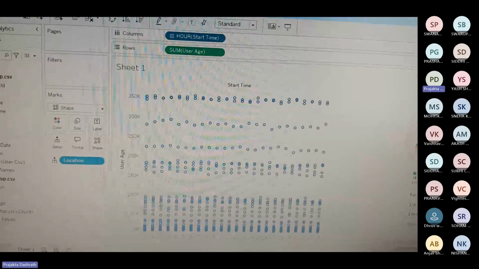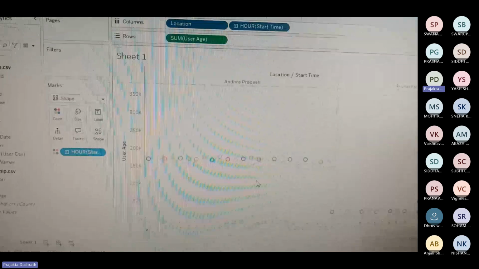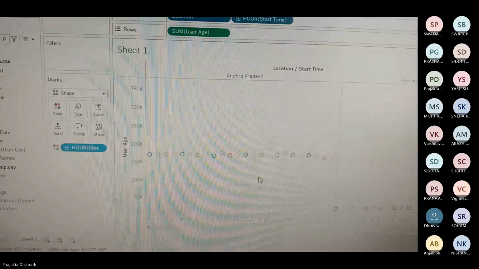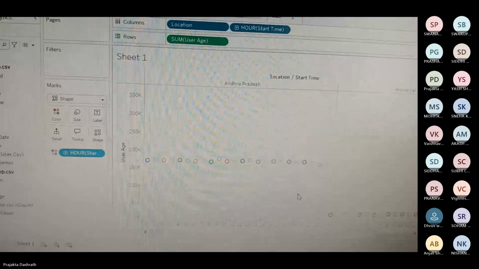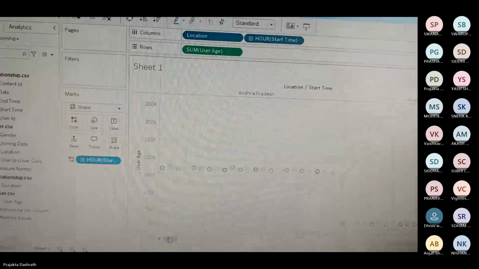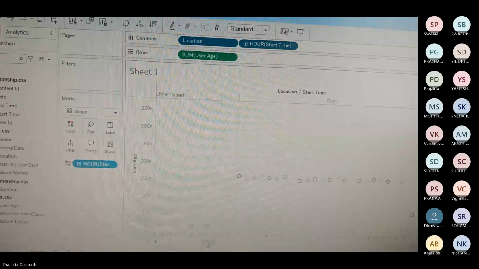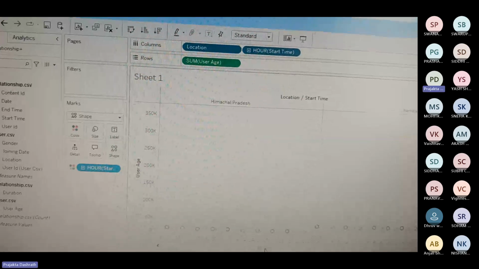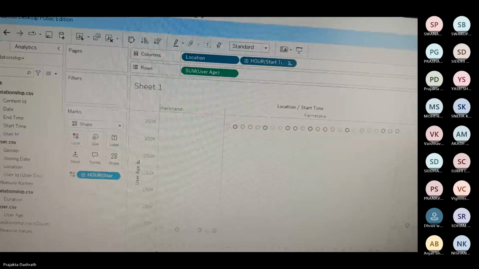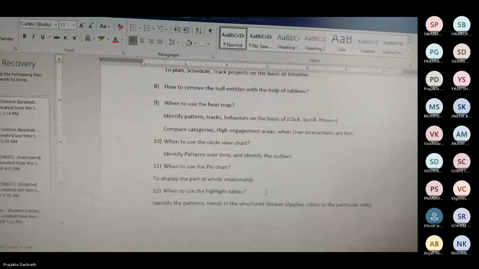Pattern and outliers. I hope it is clearly visible. We can identify it with the help of descending and ascending as well. Okay. Let us move to the next.